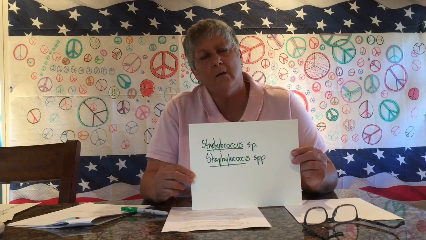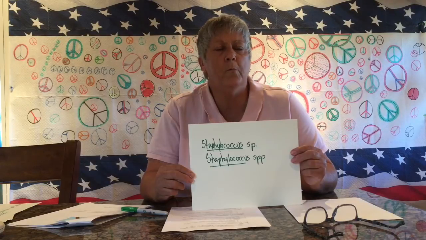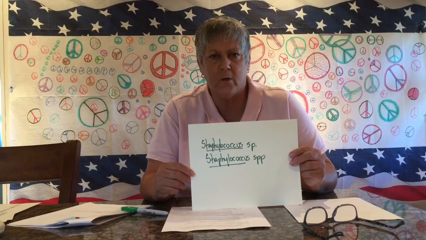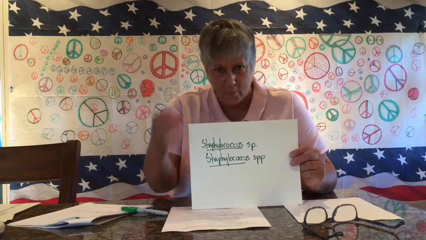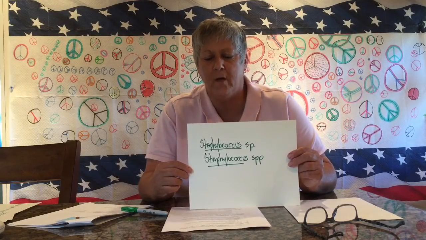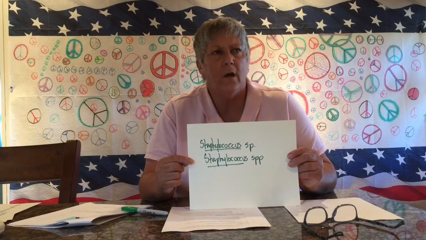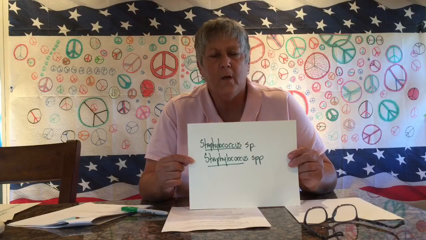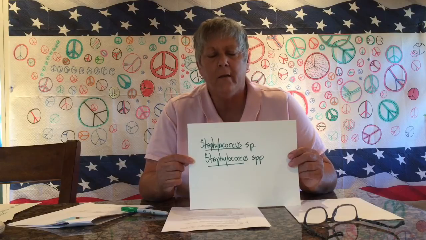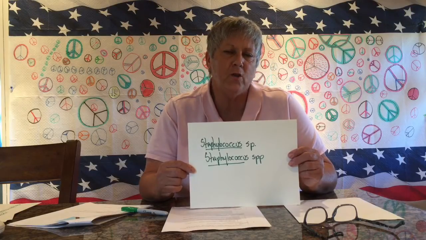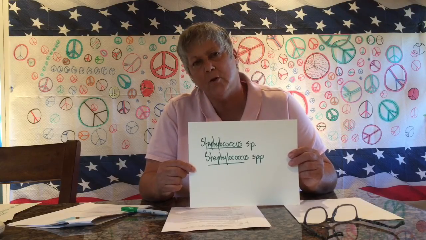Sometimes when we are referring to multiple species in a genus, for example, causing this disease known as Tinea capitis, and I'm just using Staphylococcus as an example here, guys. If we are just wanting to make a general statement about someone in the genus Staphylococcus, we would put SP after it, meaning a species in the genus Staphylococcus. And if we are referring to multiple species in that genus, then we would put SPP after the genus name.